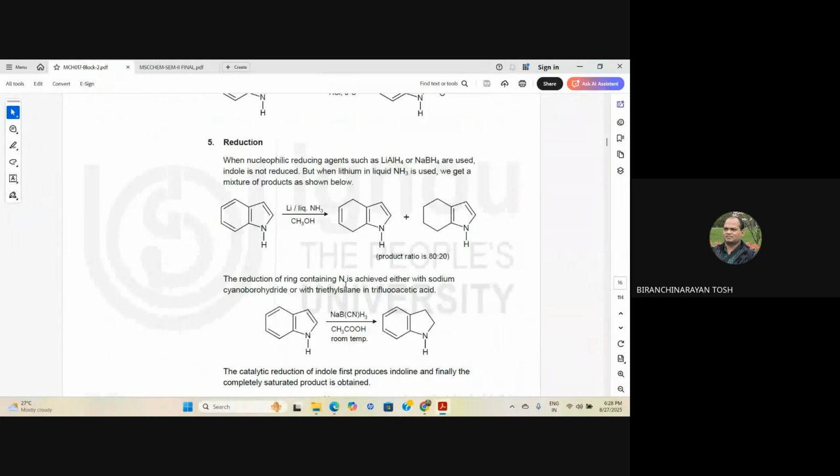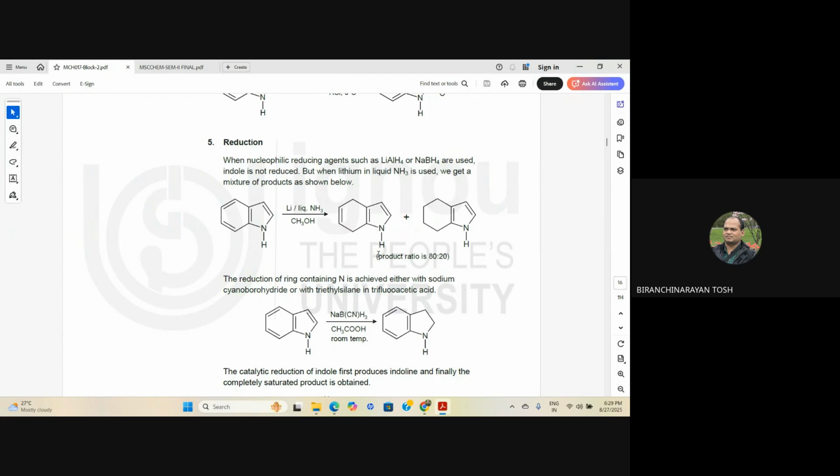The reduction of the ring containing nitrogen is achieved either with sodium cyanoborohydride or with triethylsilane in trifluoroacetic acid. But when you are taking lithium in liquid ammonia, the benzene nucleus is hydrogenated, either dihydrogenated or tetrahydrogenated.